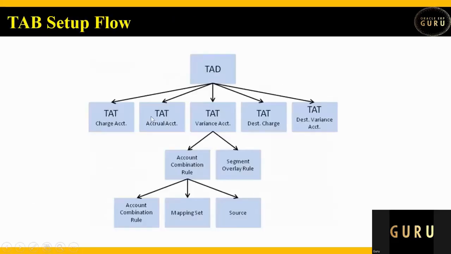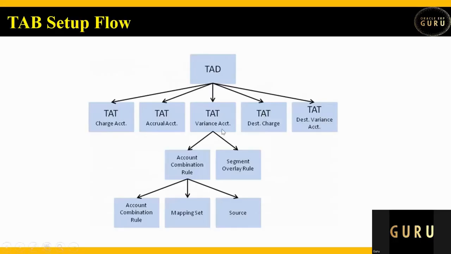Fundamentally, how it looks is that the transaction account definition is the topmost hierarchy, and below it, it contains the transaction account types. That is your charge account, accrual account, variance account, the mandatory accounts, and the optional destination charge and destination variance account. Optional means you have to provide the accounts, of course; you cannot ignore it.